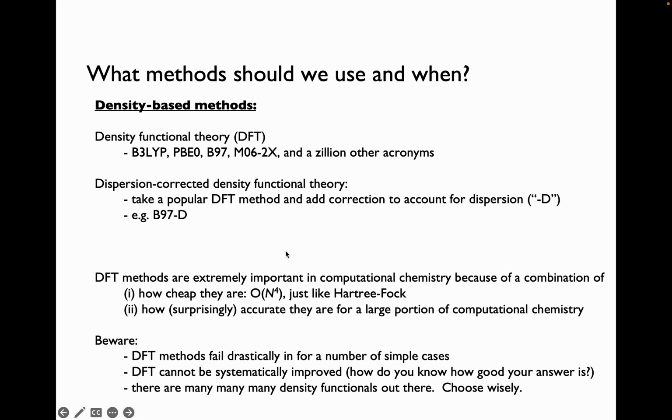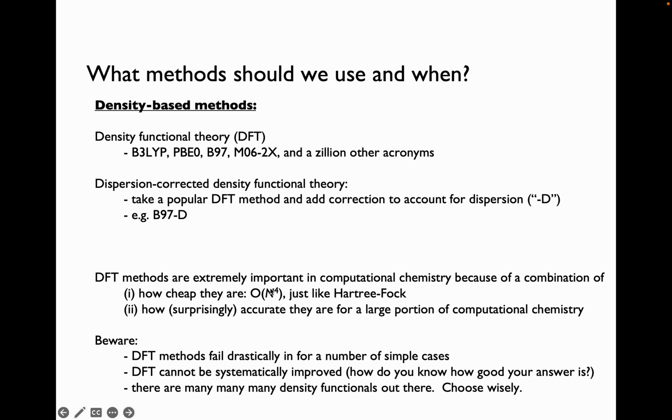So why are they used if no one knows? Well, sometimes they're really good. And also, because they are dealing with the electron density rather than the wave function, they don't have this really challenging scaling with the number of electrons. In principle, this could scale linearly with the system size, but if you use a Gaussian basis set, essentially you have to do something like Hartree-Fock to optimize the density.